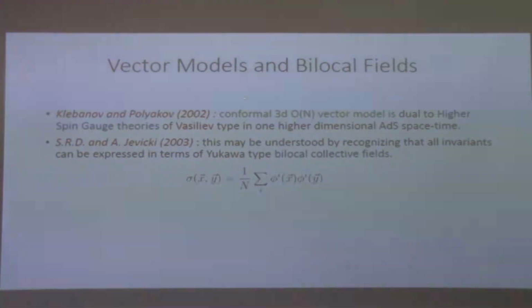Since these are fields in the vector representation, the way to build singlets is very simple, and basically all singlets can be made out of this bilocal object, which is obtained by taking a dot product of the phi's at separate points.